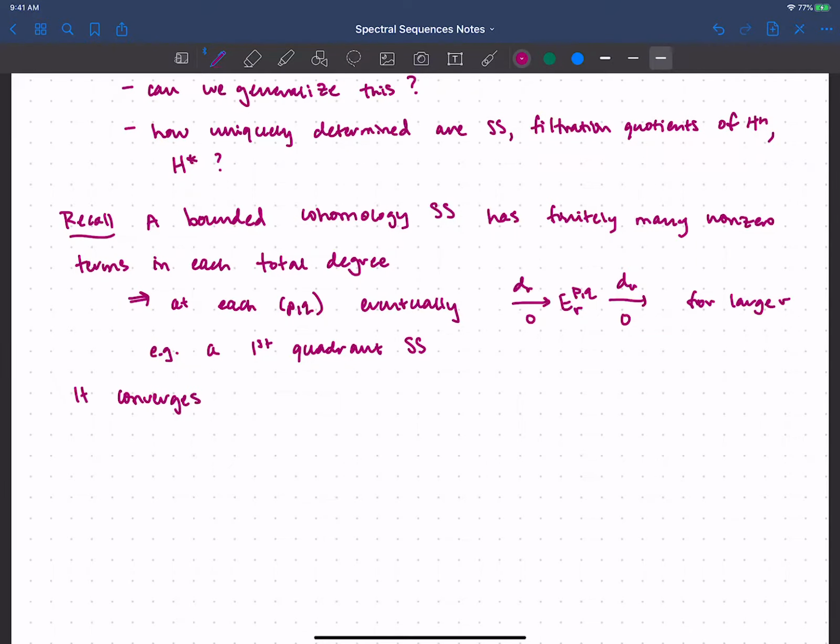And maybe I should say, for this, and actually most of this lecture, I'm kind of following Weibel's terminology. I said there's inconsistent terminology. So this bounded spectral sequence converges if for each P plus Q adding to N, there's a finite filtration of our H^n.